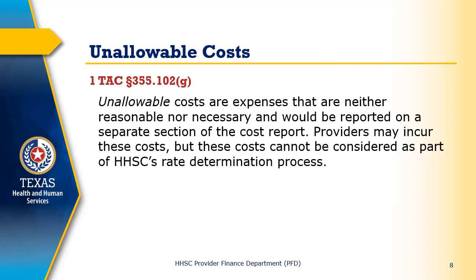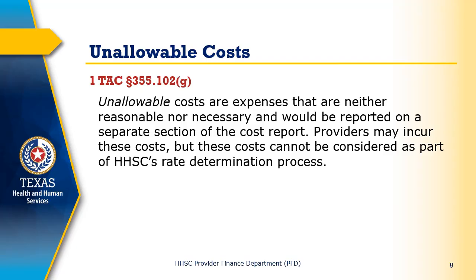According to 1 TAC Section 355.102g, unallowable costs are explicitly defined as expenses that do not meet the criteria of being reasonable or necessary. These unallowable costs are reported in a separate section of the cost report submitted by providers. Providers may incur such expenses in the course of their operations, but they are not eligible for reimbursement.